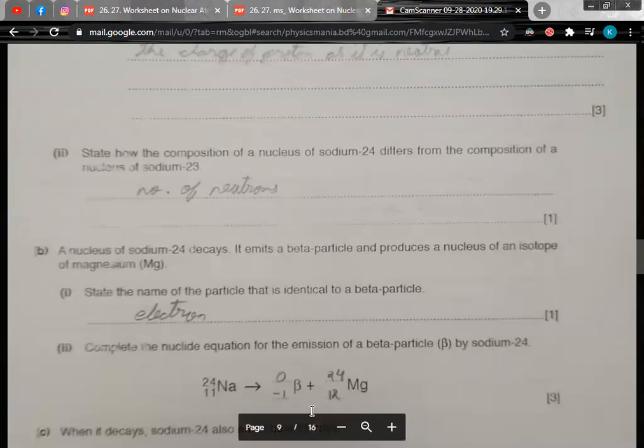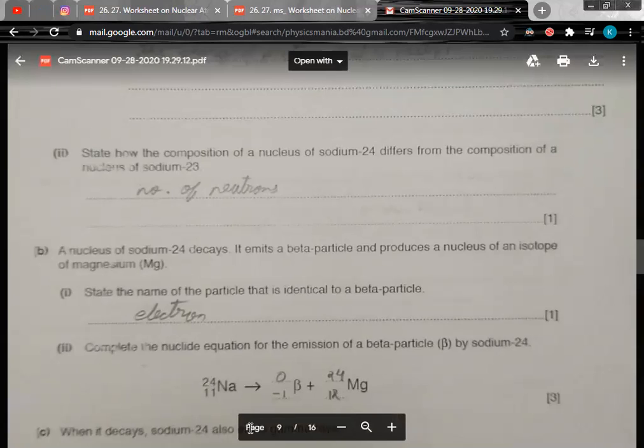Write it like that: the number of neutrons is one more in sodium-24. Make it more specific. But sir, I am being too specific. Just neutrons, that's all. Yeah, you write that specifically: the number of neutrons is one more in sodium-24. Quickly do it.